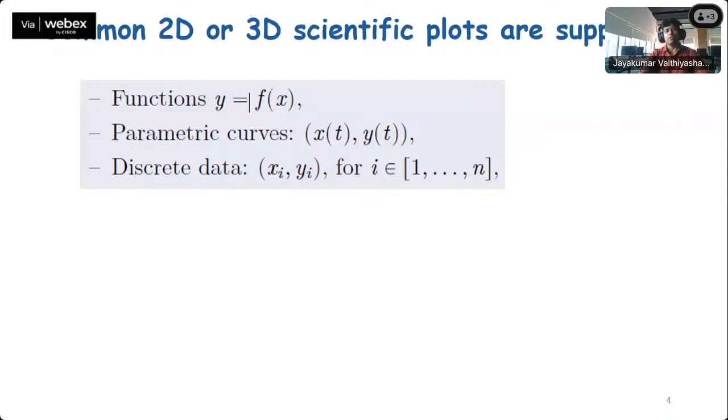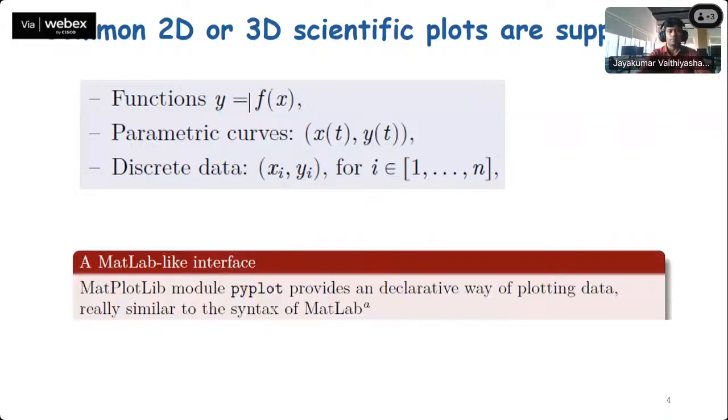And if you want to plot discrete data, not continuous like in the previous two cases, if you have discrete data, x and y i, for i from 1 to n, a limited number of points, all these different types of data you are able to plot using Matplotlib.